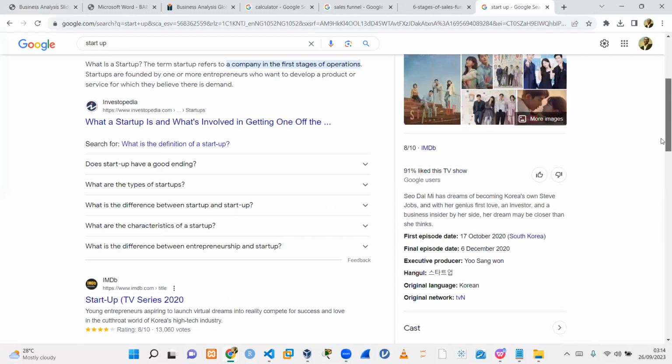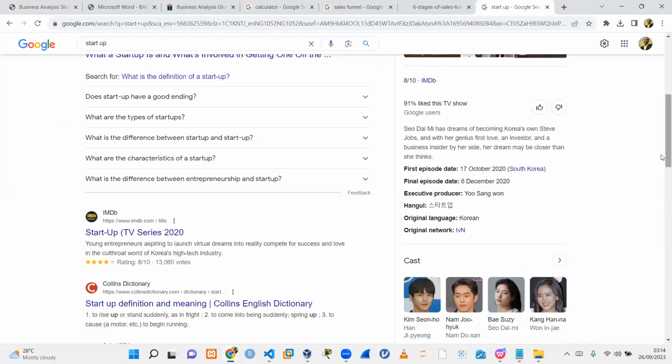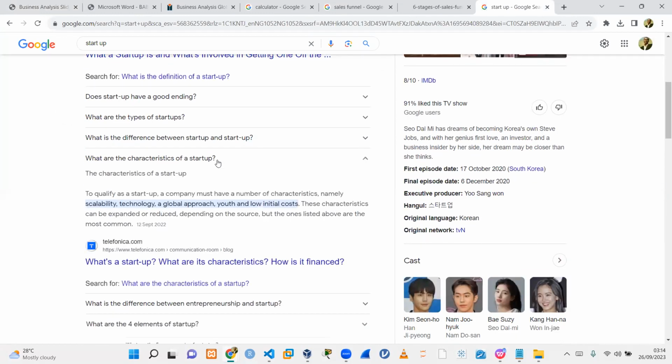Let me put this in context. Characteristics of a startup. A company must have a number of criteria, namely scalability and technology. Technology is very key when it comes to startups. Global approach: most startups, with just 10 team members, can grow sporadically.